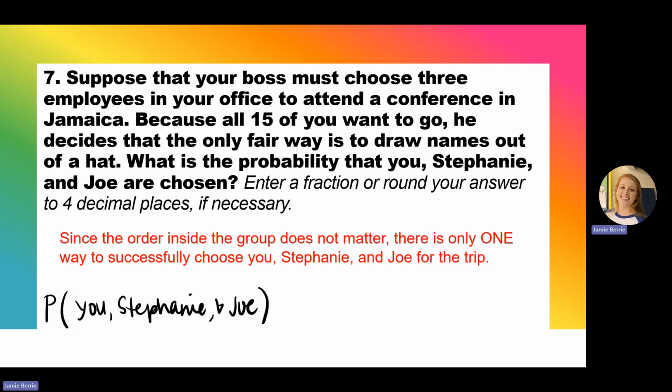So the probability of getting you, Stephanie, and Joe on the trip is going to be success over total. There's only one way to get all three of you on the trip. There's 455 different groups to choose from. All right, so 1 out of 455. And if you were writing that as a decimal, that would be 0.0022.